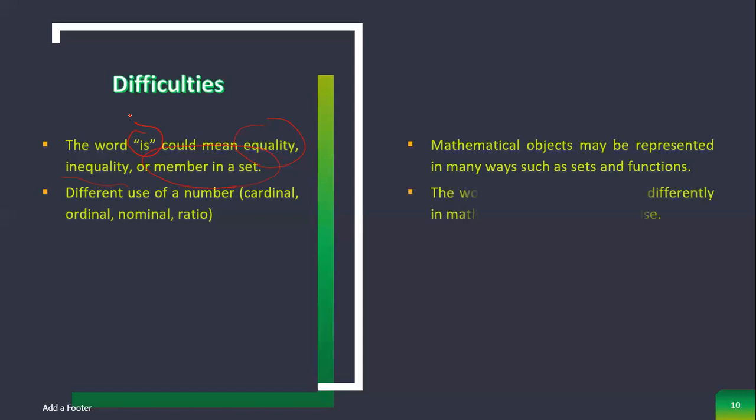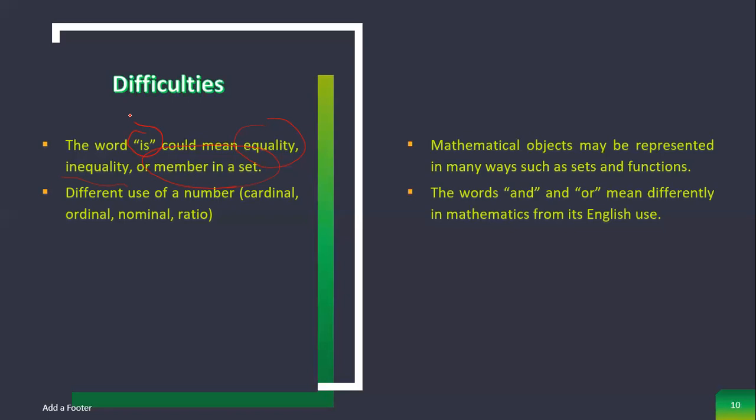All right? Now, the words "and" and "or" mean differently in mathematics from their English use. In logic, "and" is for conjunction, "or" is for disjunction.